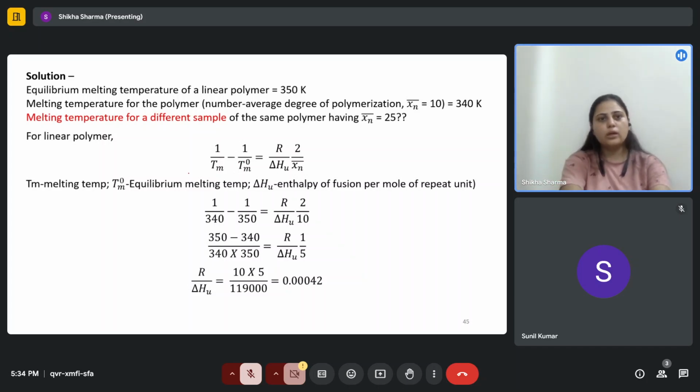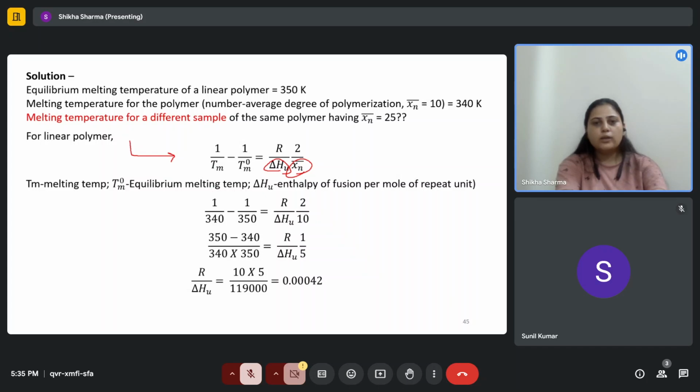So we have this formula connecting the equilibrium melting temperature, the melting temperature of the polymer, and the number average degree of polymerization. For a linear polymer the formula is 1/Tm minus 1/Tm0, where Tm0 is the equilibrium melting temperature, equals R/ΔHu, where ΔHu is the enthalpy of fusion per mole of repeat unit, multiplied by 2 divided by Xn bar, which is the number average degree of polymerization.